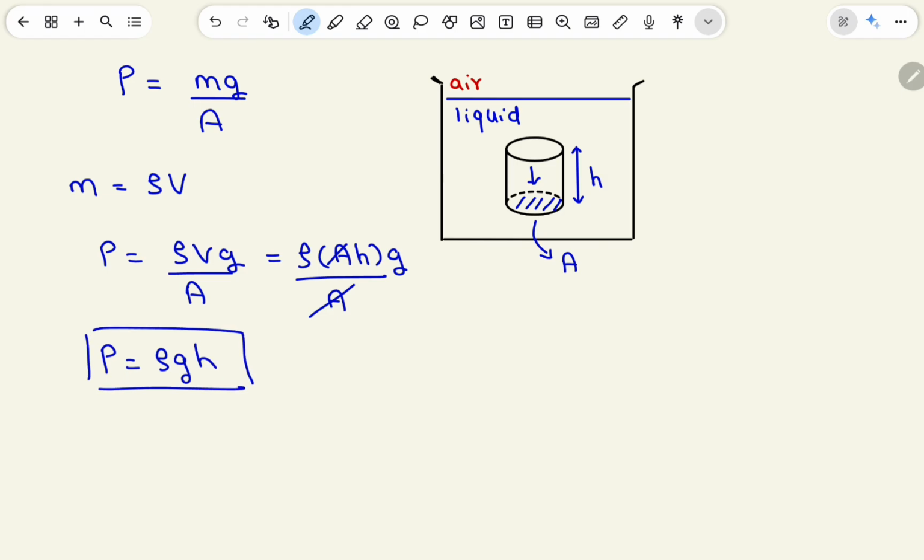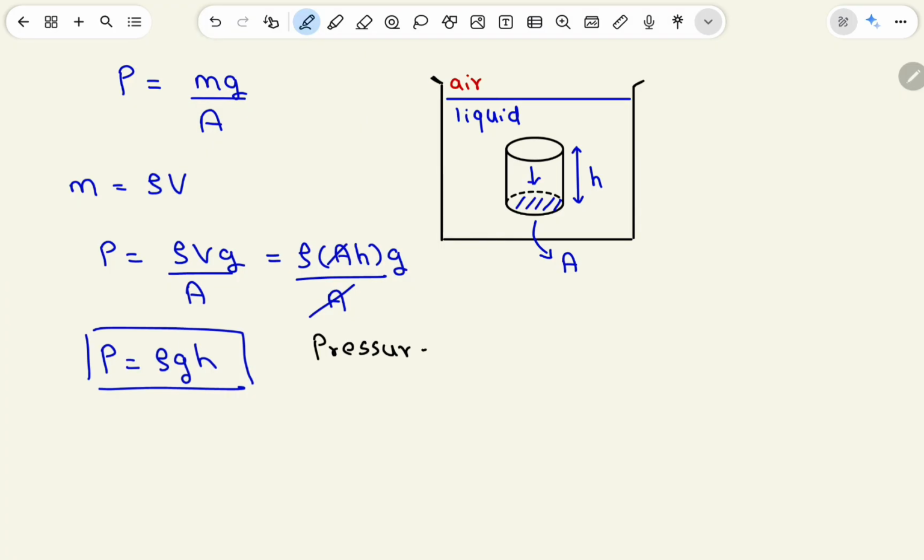So we can clearly see that if the height of the cylindrical column increases, then the pressure exerted by the cylindrical column of water also increases. Now from this formula, we can write down the factors on which pressure exerted by liquid column depends. So let's write it down.